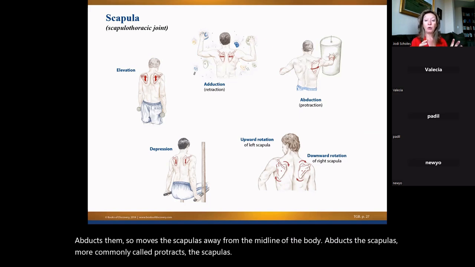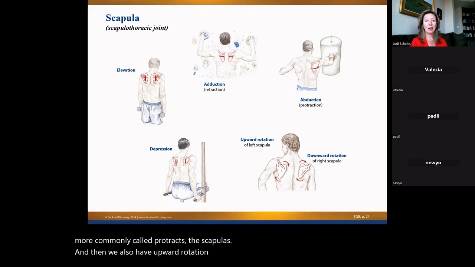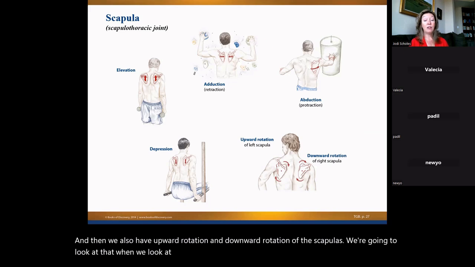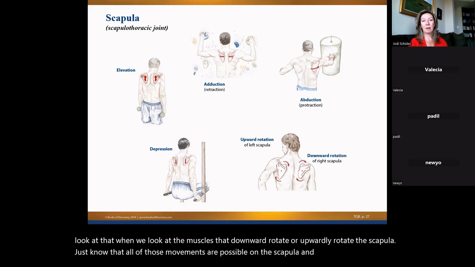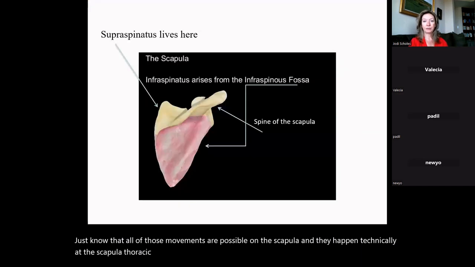And then we also have upward rotation and downward rotation of the scapulas. We're going to look at that when we look at the muscles that downwardly rotate or upwardly rotate the scapula. Just know that all of those movements are possible on the scapula, and they happen technically at the scapulothoracic joint.